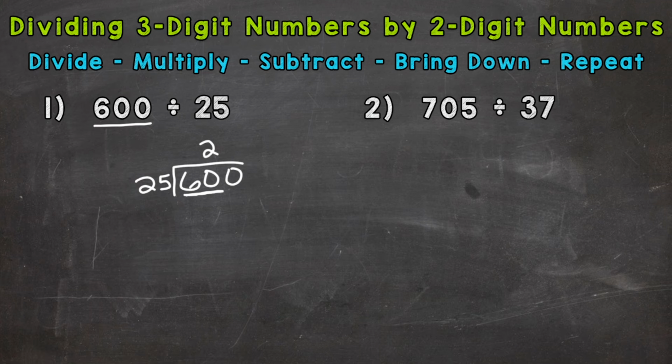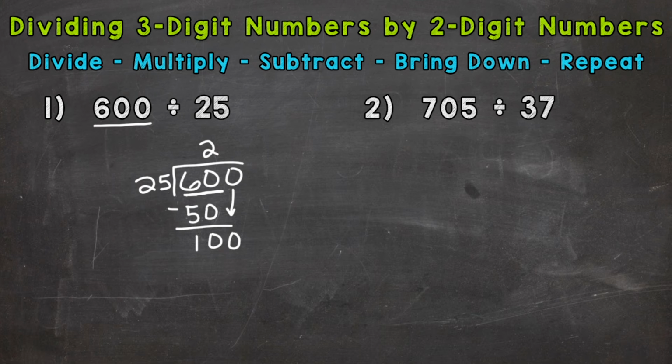Now multiply. 2 times 25 is 50. Then we subtract. And we get 10. Bring down our next digit, which is a 0, and we have 100 there. So now we repeat those steps. So divide. 100 divided by 25. So we can think, well, 25 times 4 hits 100 exactly.